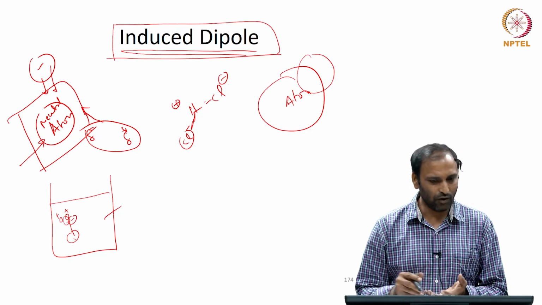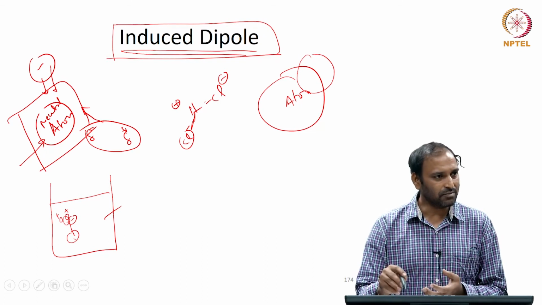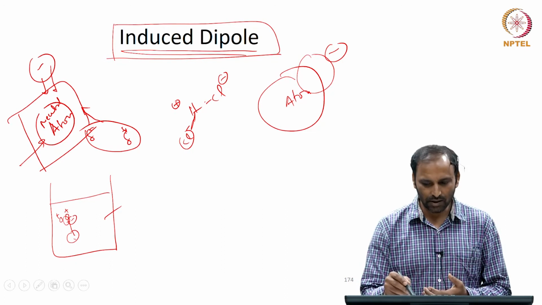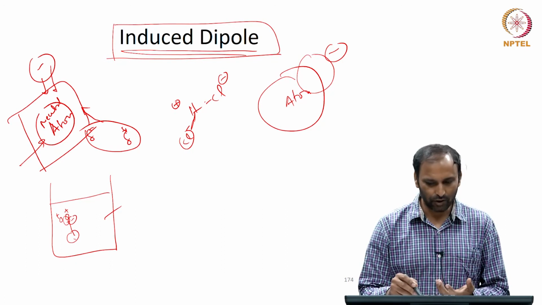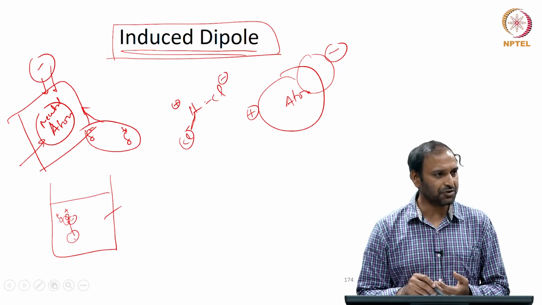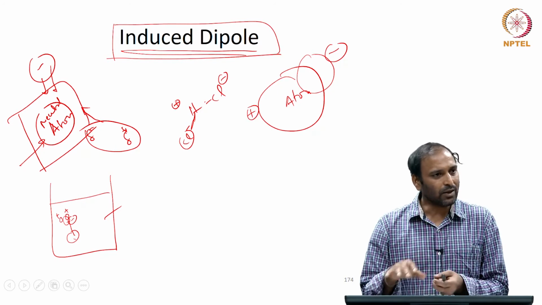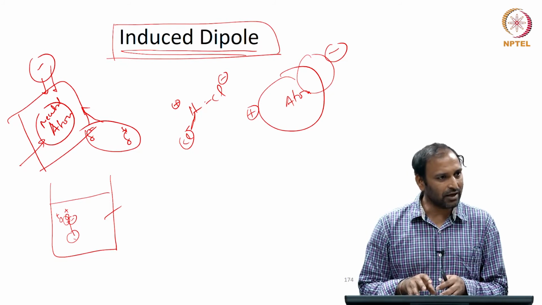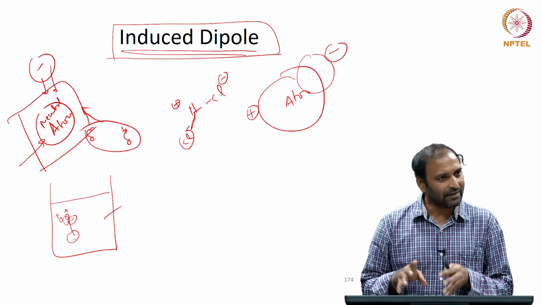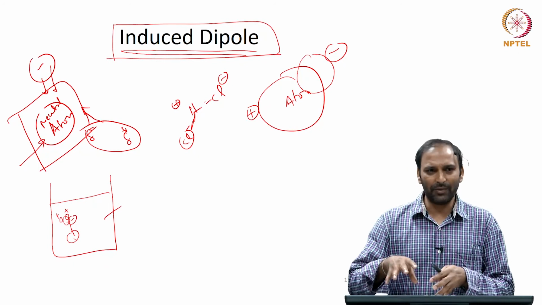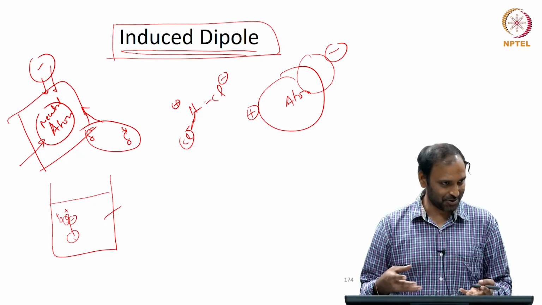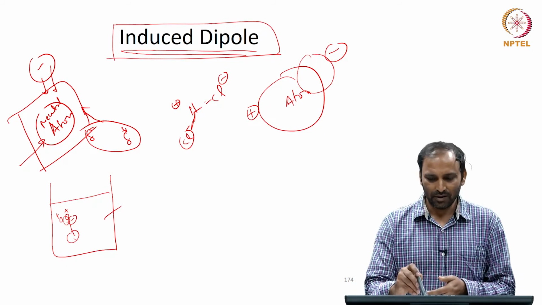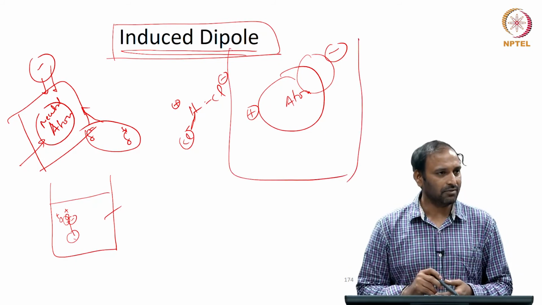The region with more electrons will acquire a negative charge, and the region with fewer electrons will acquire a positive charge. This only occurs momentarily, it is a statistical process, and it can happen for a large number of molecules in a container.